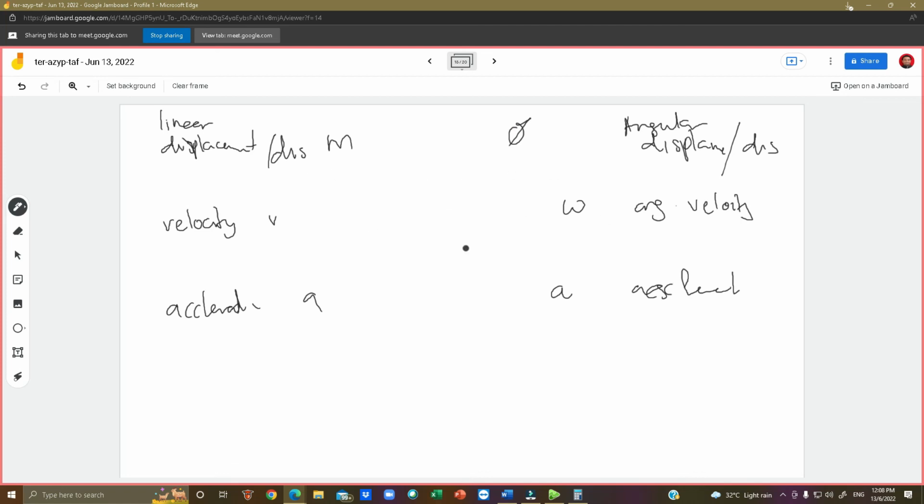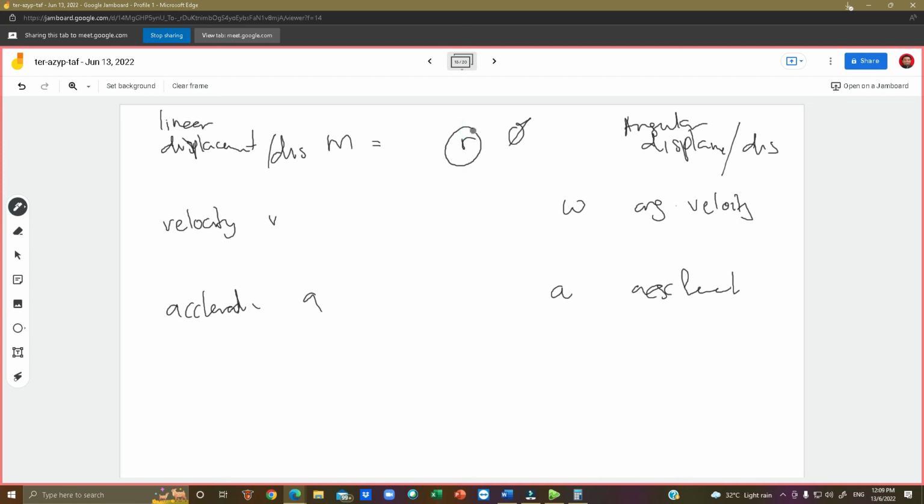If we try to have the relationship between linear and angular, we need to add on one other property to all. Okay, properties yang kita kena tambah is this one. If we try to have linear and angular displacement in relation, distance always equals to r theta.